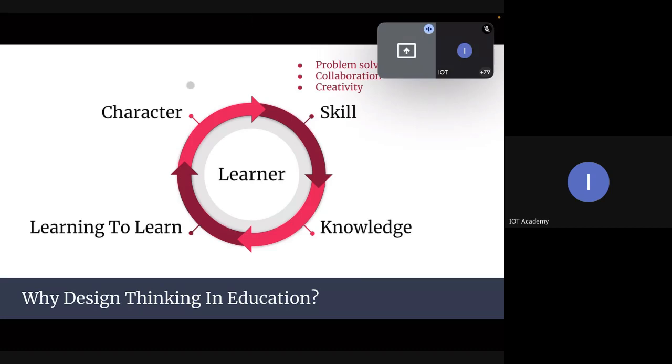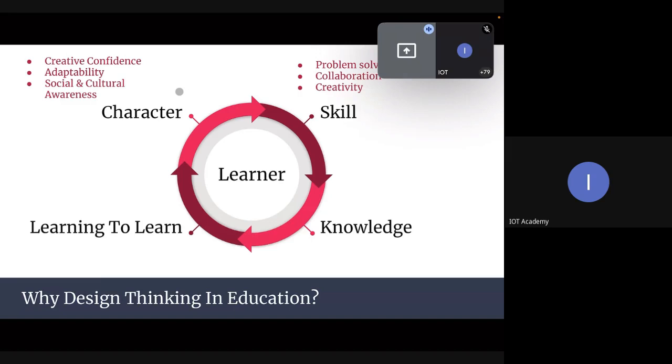Then we want them to build character. We want them to be confident. We want them to be adaptable. We want them to be socially and culturally aware. All of this is done when a learner undergoes the design thinking process. Design thinking is all about empathy.